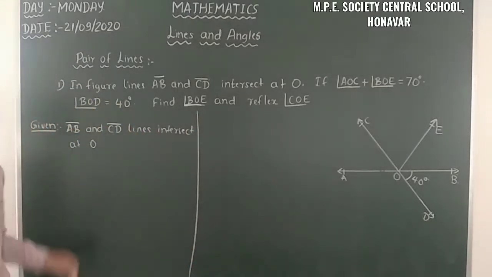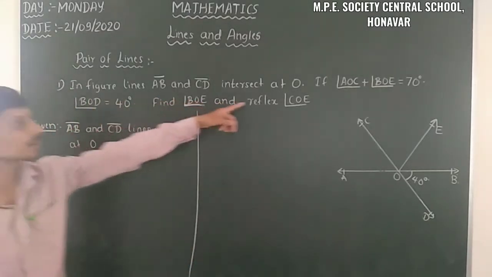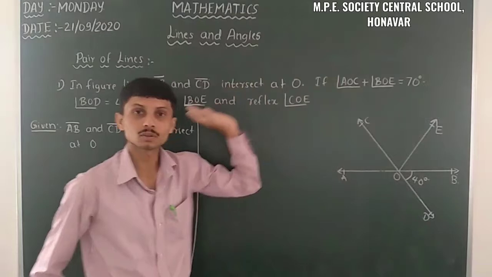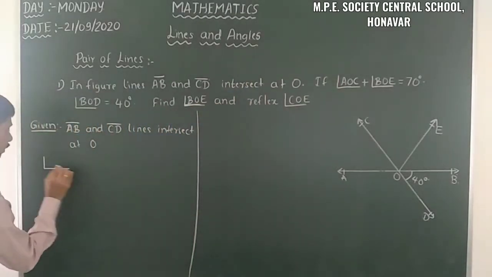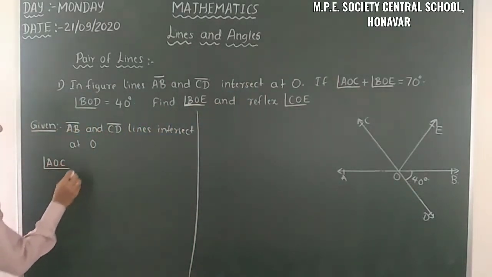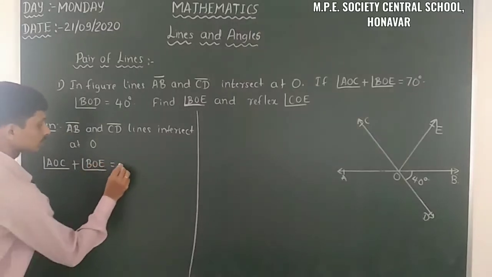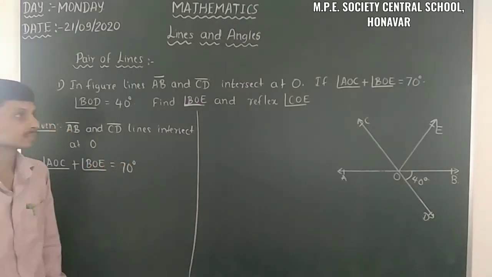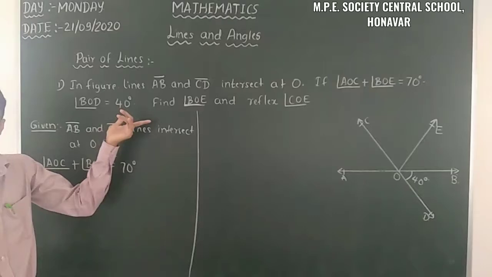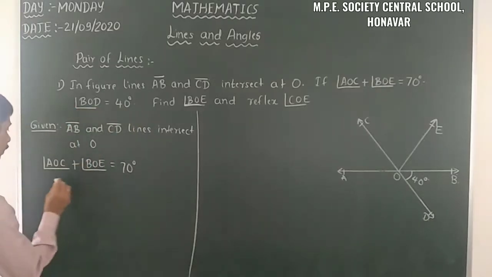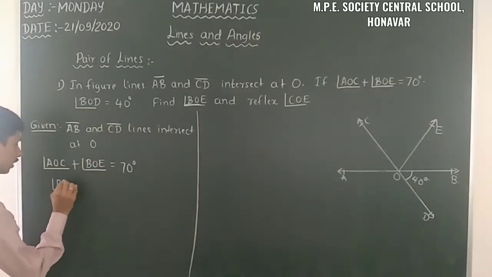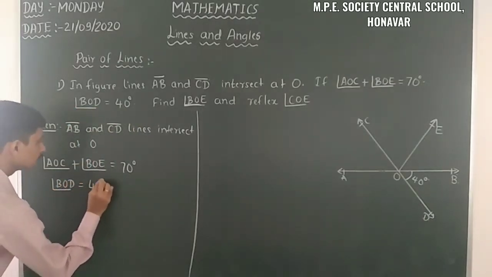And then what is the next thing given here? Angle AOC plus angle BOE is equal to 70 degrees. Then angle BOD is given. Angle BOD is equal to 40 degrees.